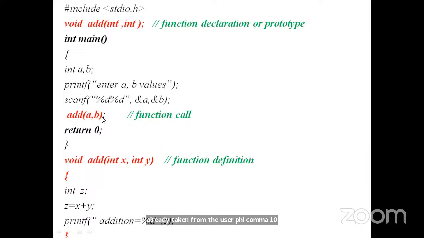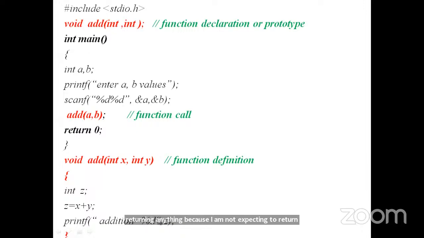So add a comma b: int x means 5, int y means 10. So the two values it is going to take, and z I don't know yet. Now z equal to 5 plus 10, 15. This 15 will be stored, but it is not returning anything because I am not expecting to return.